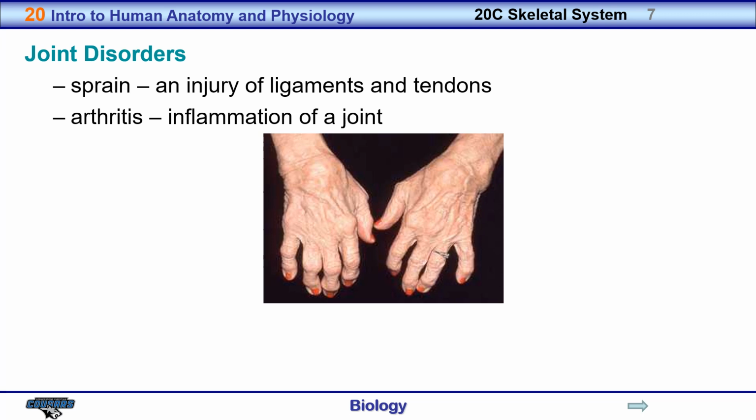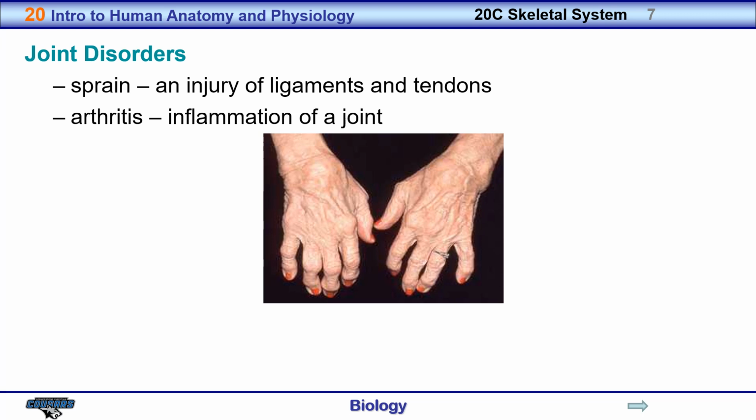Arthritis is an inflammation of the joint. It's often something that elderly people experience, and the joint becomes thicker, as you can see in the fingers on the hand that's at the left. You can see that the middle two fingers have the upper joints a lot thicker. It becomes inflamed and makes it much harder for the joint to bend.